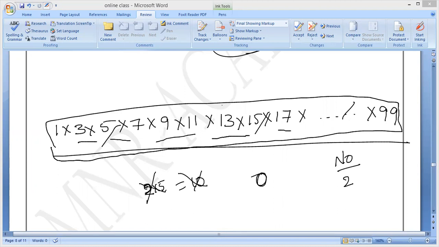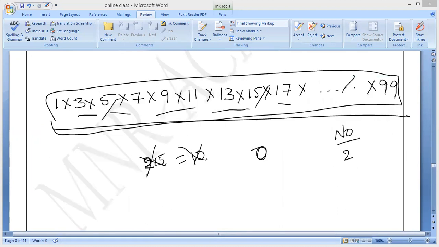In the same way, if you take even numbers, then 5 will be existing, and 10 also is there, so zeros will come. But for odd numbers alone, there is no 2, so there is no pair of 2 into 5. So how many zeros will come?